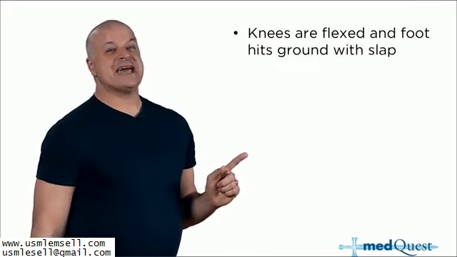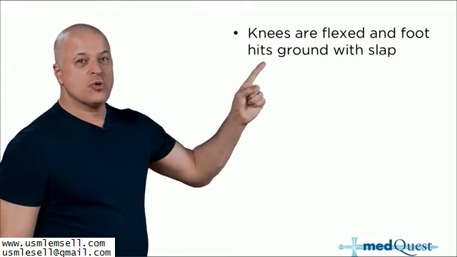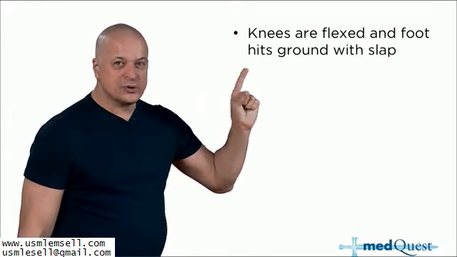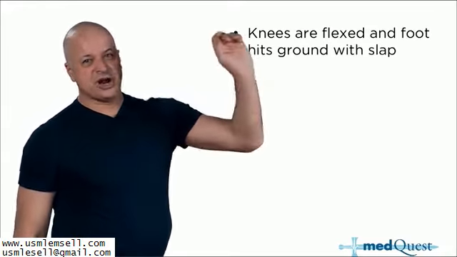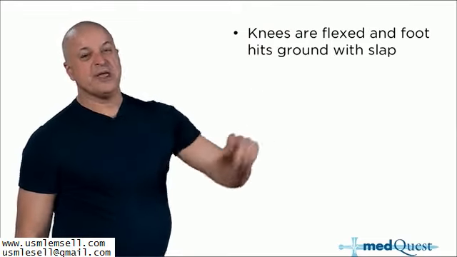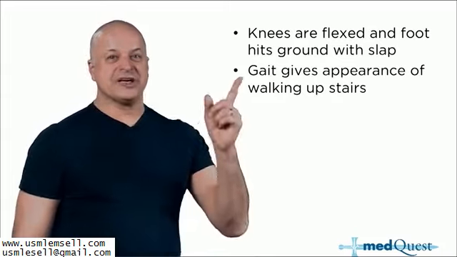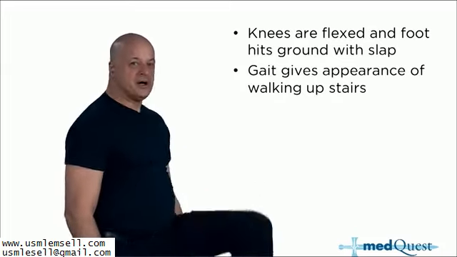So things like lower extremity neuropathy make it so that your toes will hit the ground, because the same way the radial nerve has wrist drop, the peroneal nerve has foot drop. So the gait gives this weird appearance where you have to look like you're stepping up on stairs.